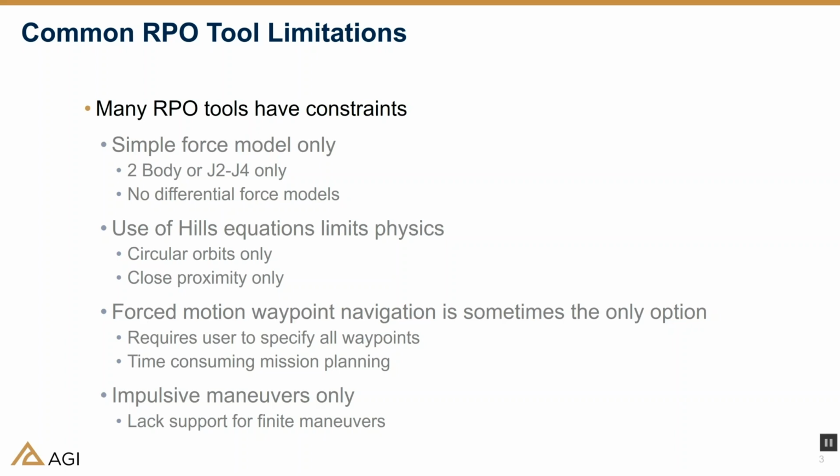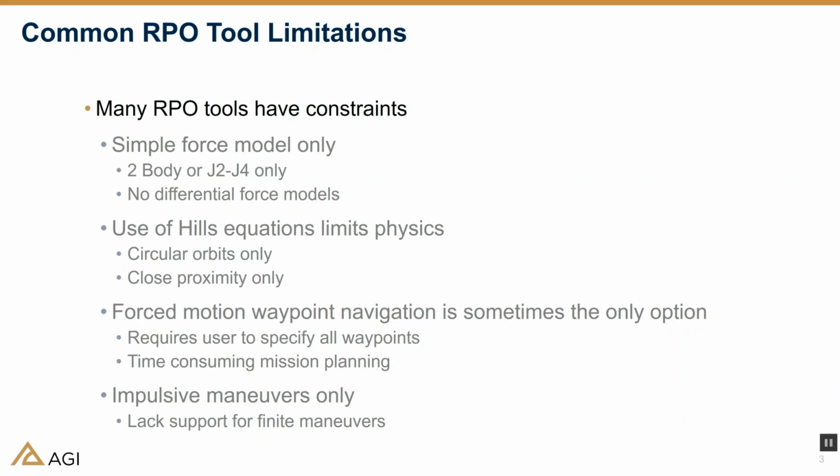Many times, forced motion waypoint navigation is the only option. You just have to move, as I call it, a hop from one point to the next. That can be very time consuming. Every one of those maneuvers then has to be verified to be passive safe, for example, and that type of mission planning is frequently just very time consuming. Many of these tools also allow for impulsive maneuvers only.